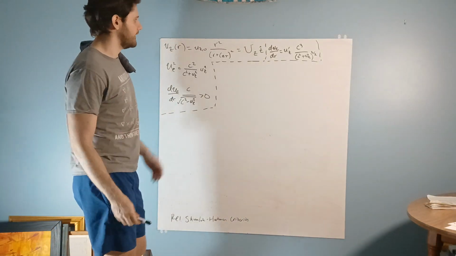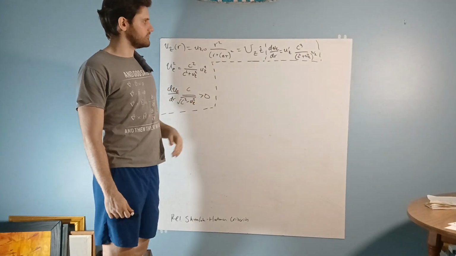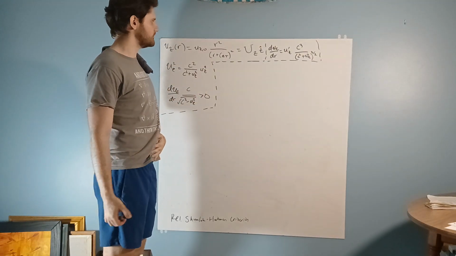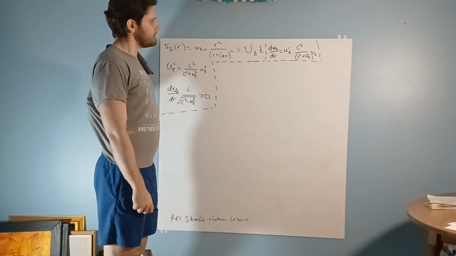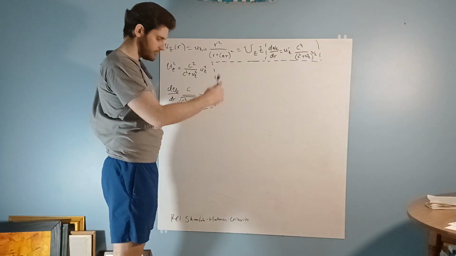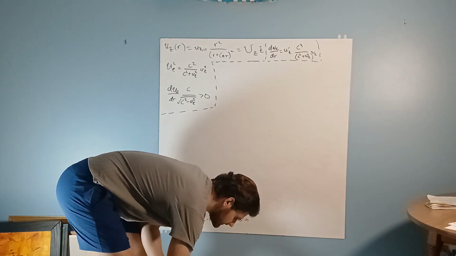But here's the cool thing, is that we have these squares. So when you square squares, they become quartics. And maybe what will happen is we will find a way to get things to cancel. I don't know. Let's see if we can do that.